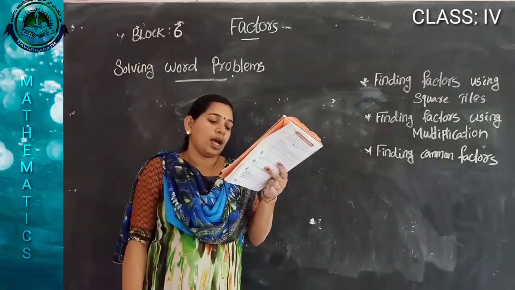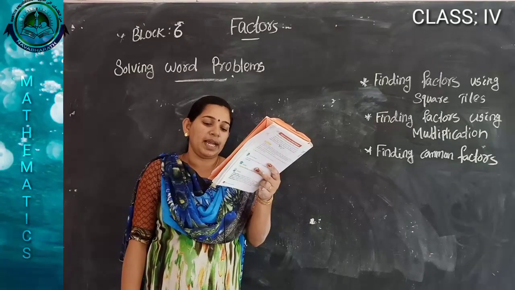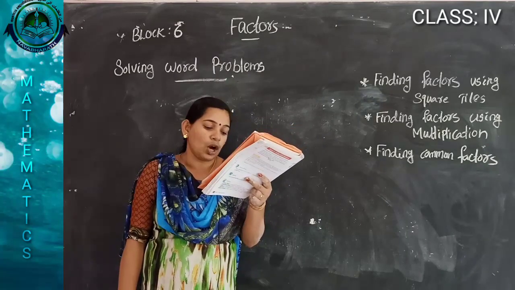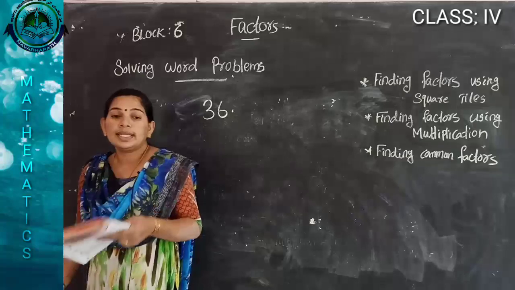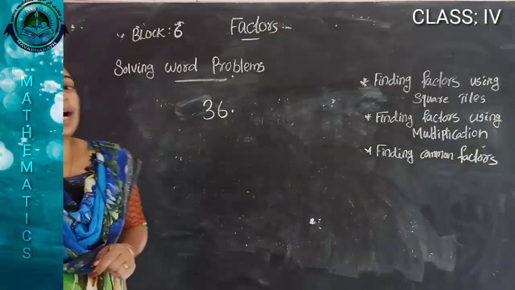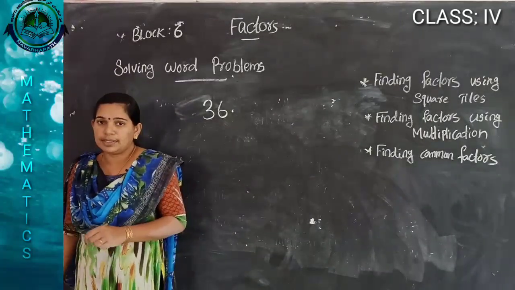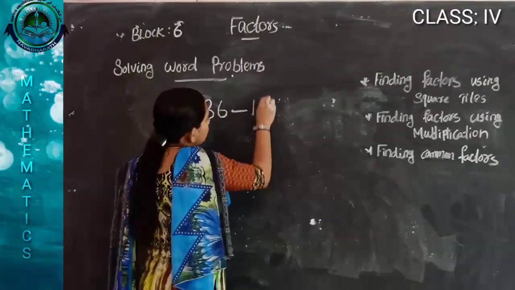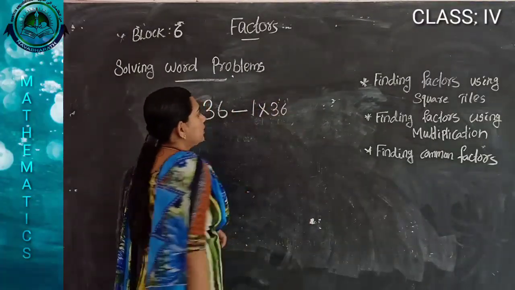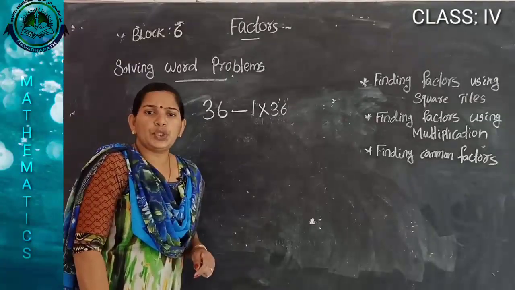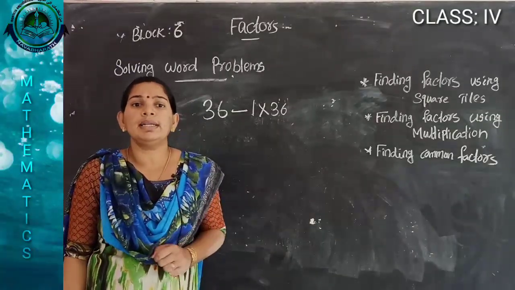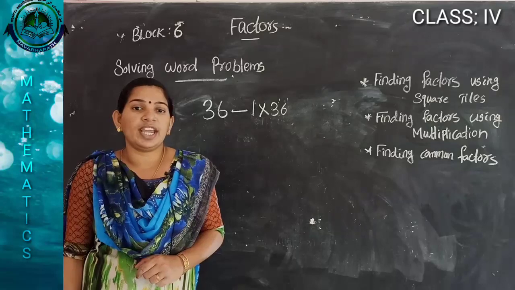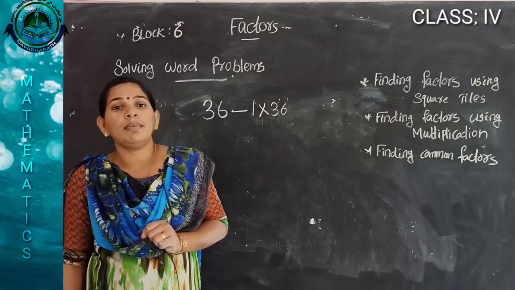How can you use the factor pairs of 36 to decide how many classmates she can give the stamps to? So we want to find all the factor pairs of 36. 1 into 36. Suppose there are 36 students in her class, then she gave each student 1 stamp.